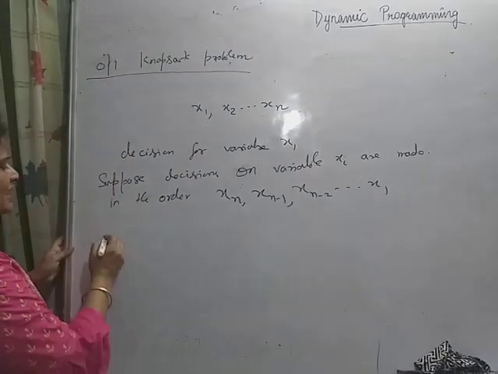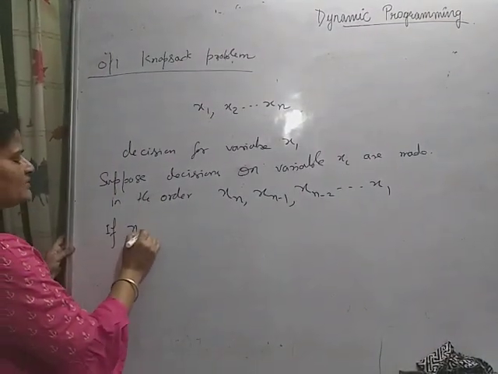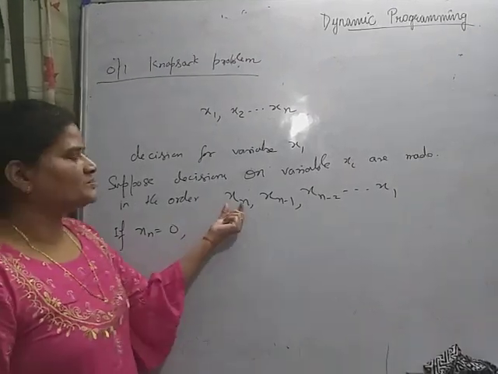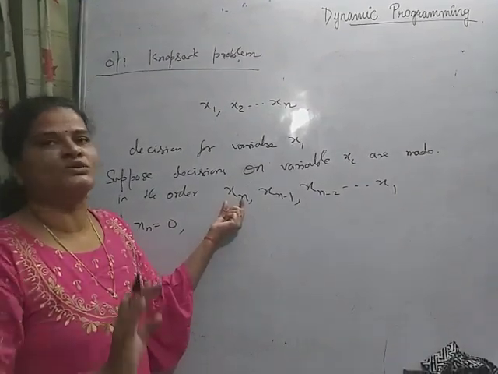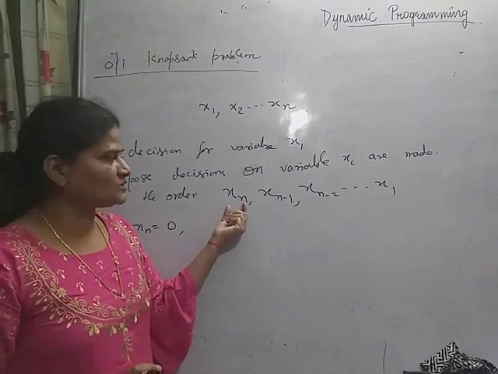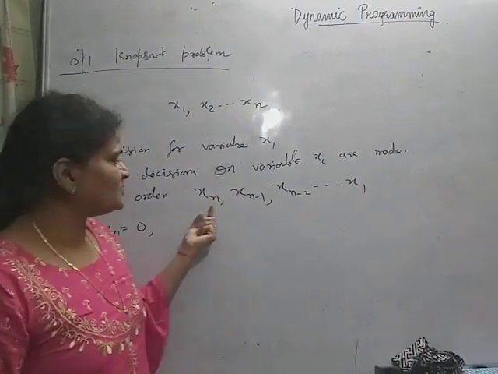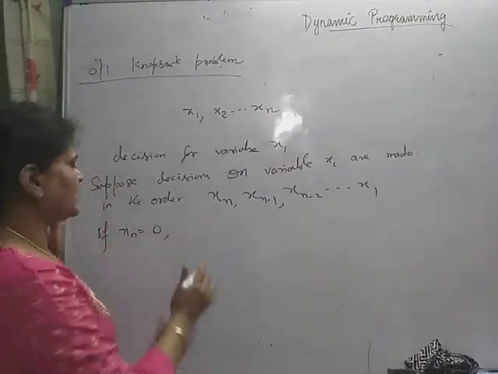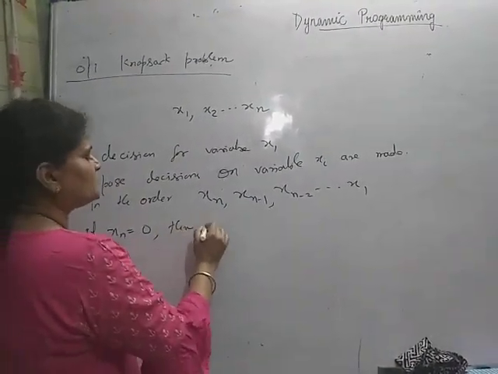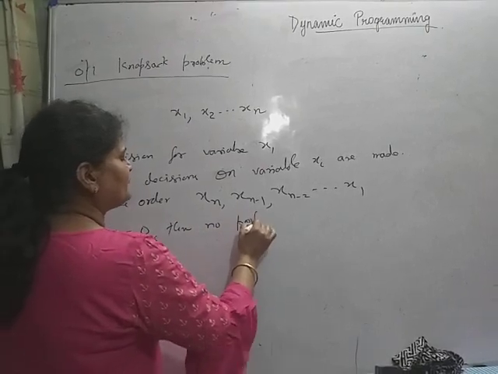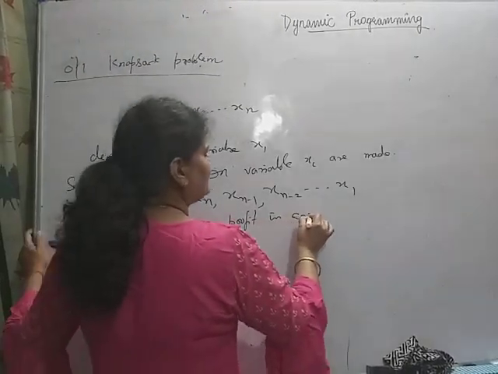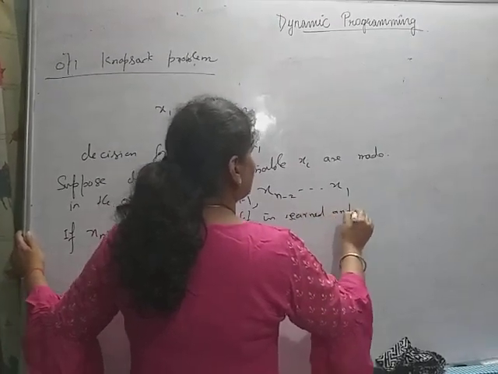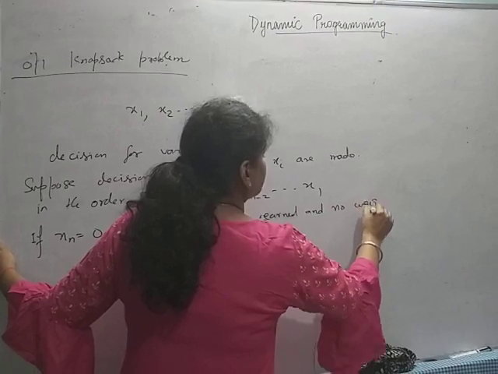See, suppose xn equal to 0. If xn equal to 0, the nth object is excluded. Suppose this is an optimal solution with xn equal to 0, then no profit is earned and no weight change.